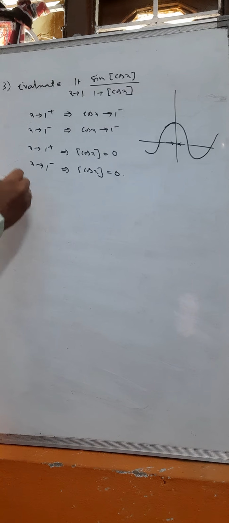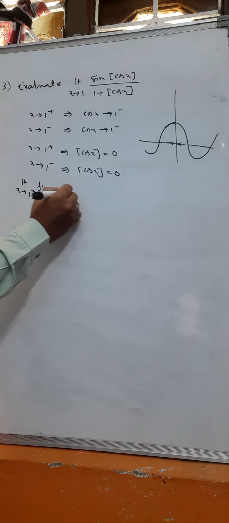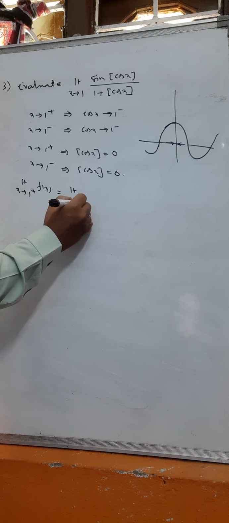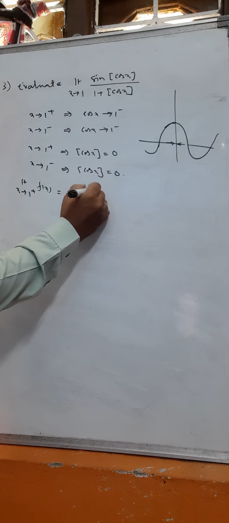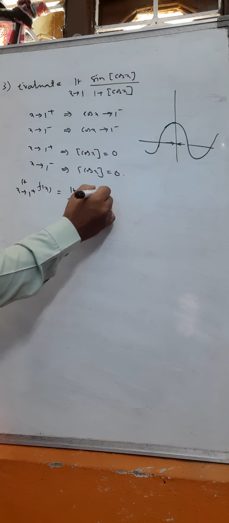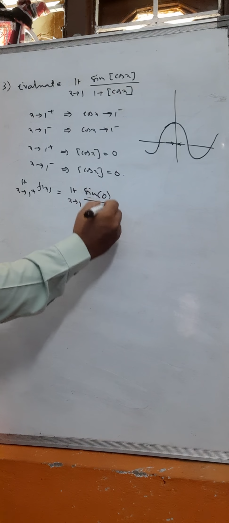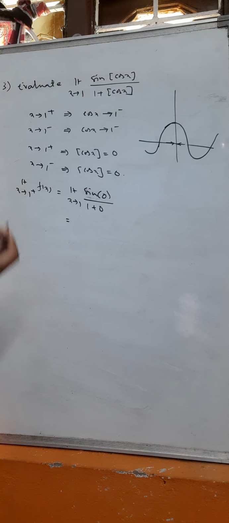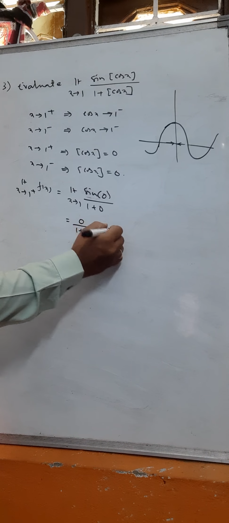So from this, limit x tends to 1 plus f of x means sine of this value, which is exactly sine 0 by 1 plus 0, equal to 0.